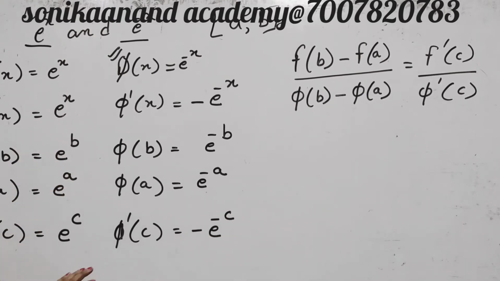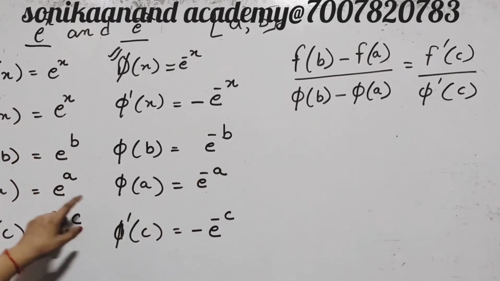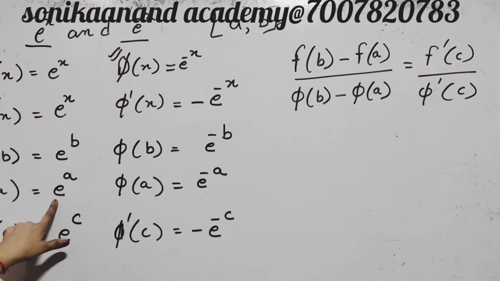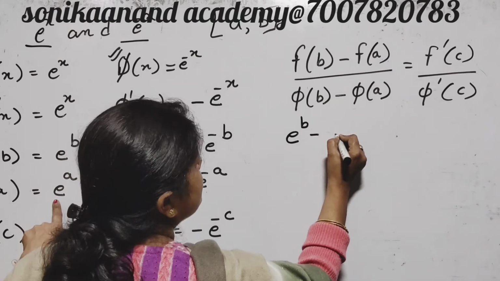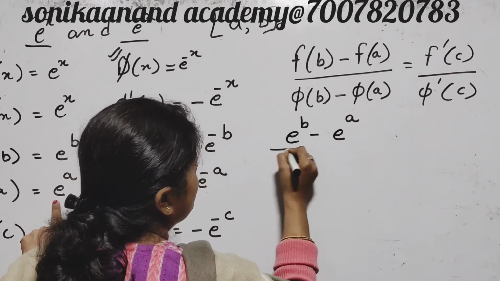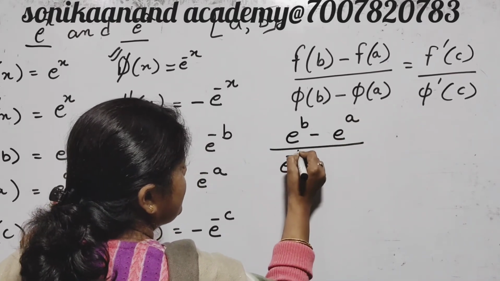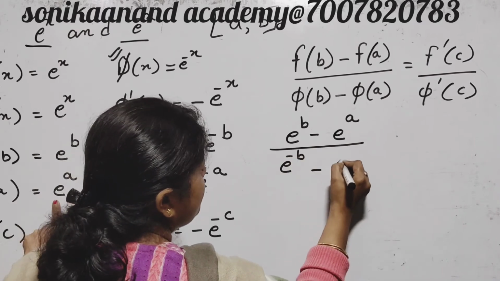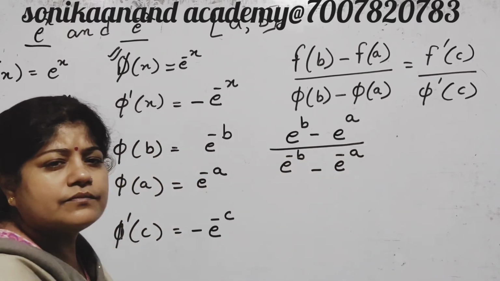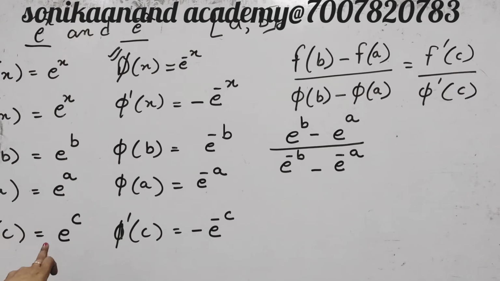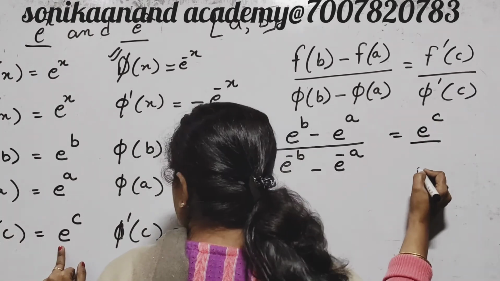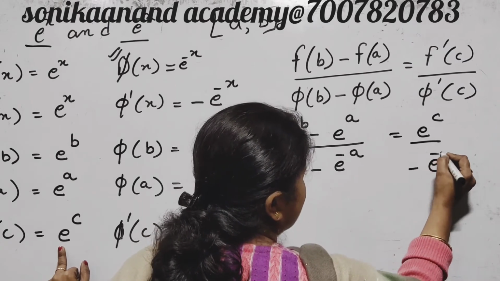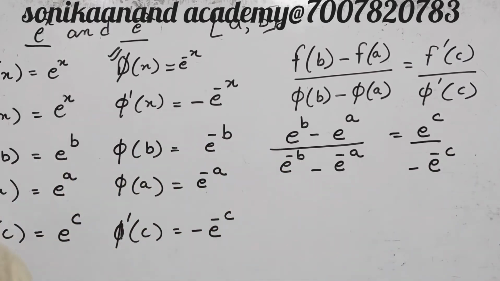Clear? Now I am going to substitute all the values over here. f(b) minus f(a), that is e to the power b minus e to the power a, over e to the power minus b minus e to the power minus a. Now f dash c over psi dash c, that is e to the power c over minus e to the power minus c.